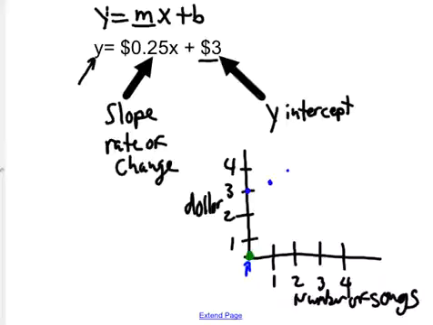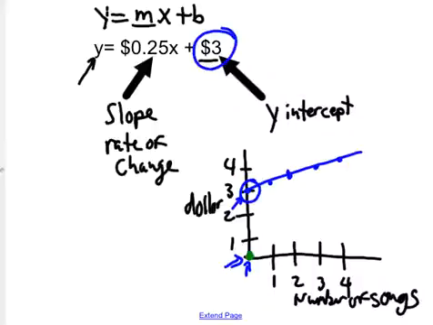Two songs would be $3.50, three songs $3.75, and four songs $4. So my line is going to be something like that. This y-intercept of $3 means that I'm going to start at the $3 mark, not down here at the 0, so not at the green mark but at the blue mark.